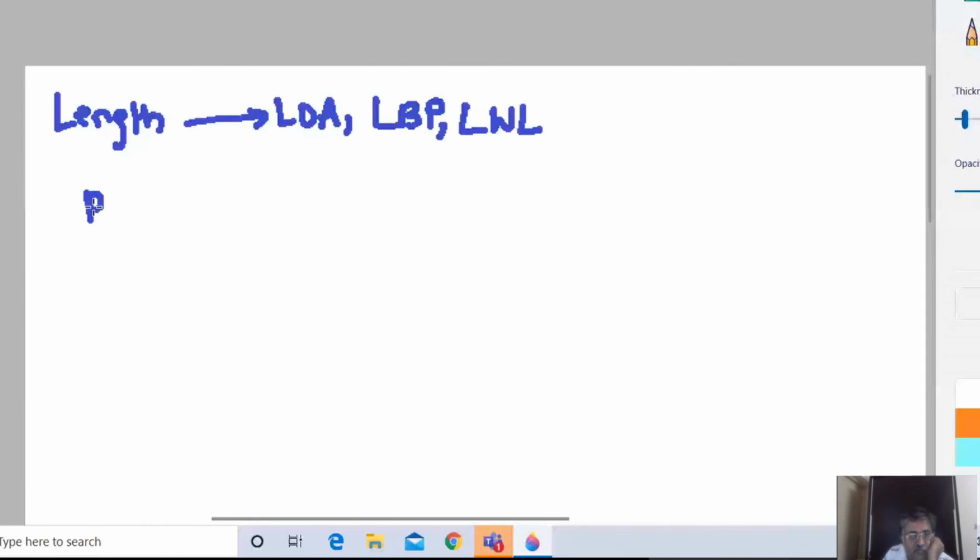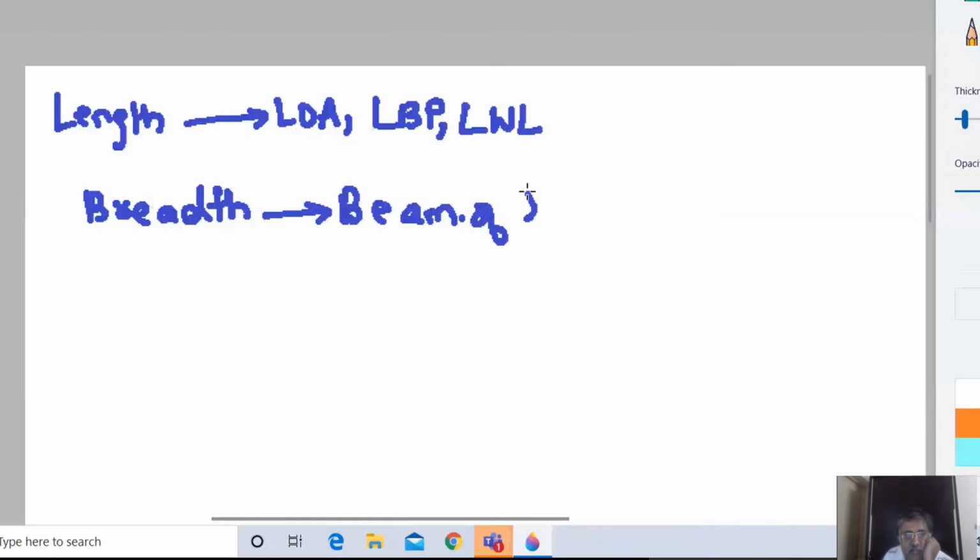Then of course you have the breadth of the ship. In naval architecture terms, this used to be called the beam of the ship. So it basically implies the breadth of the ship, and it represents the maximum breadth of the ship.